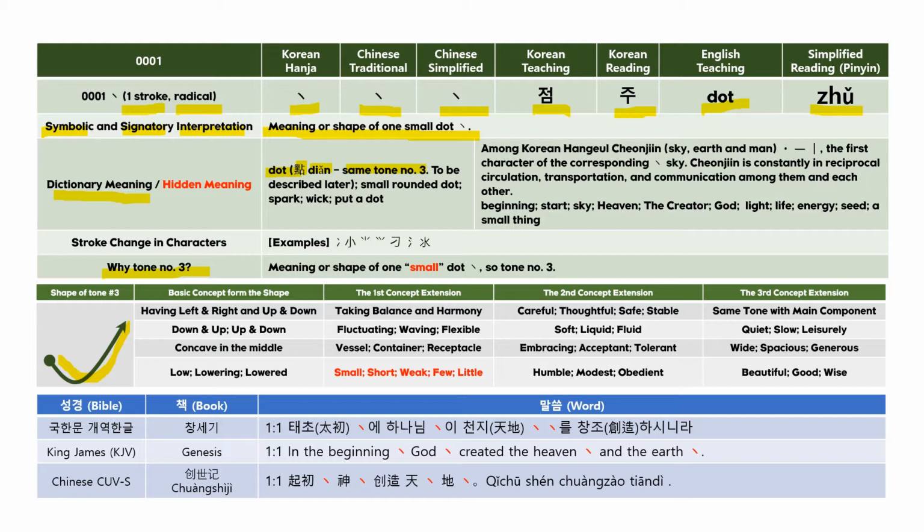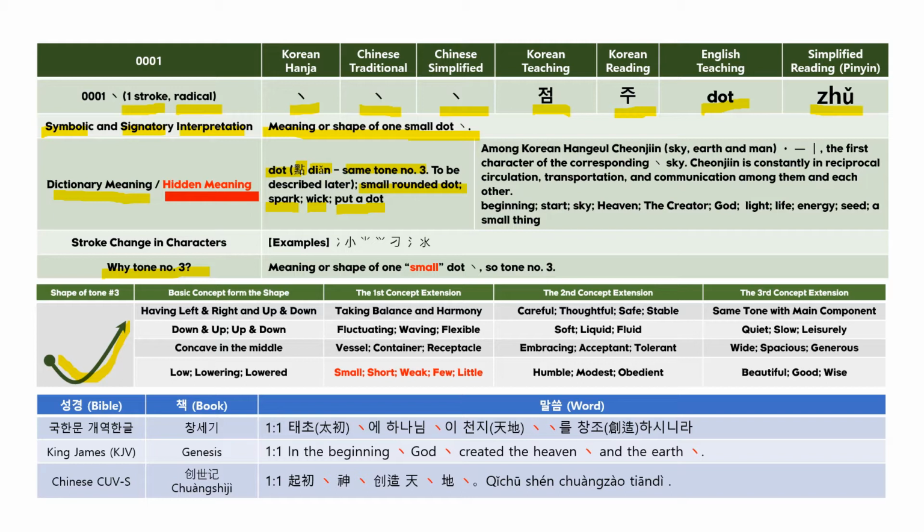It will be explained later. The dictionary meaning is a small rounded dot, a spark, a wick, a candle wick, for example, to put a dot. But in this lecture, the hidden meanings of each character are much more important.